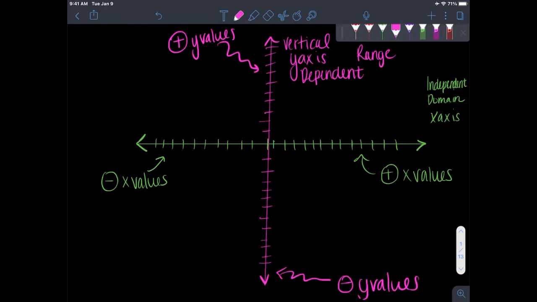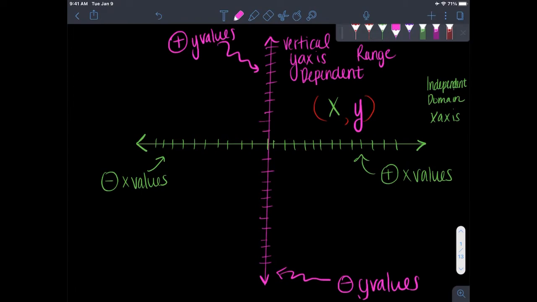With all of that information, we can actually plot points. Each point is going to have two separate pieces: an x value as well as a y value.